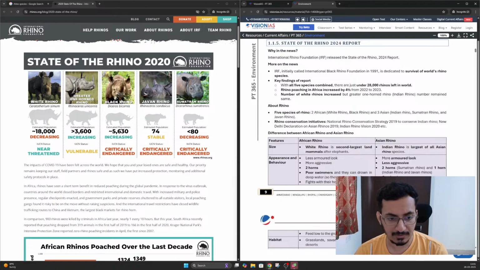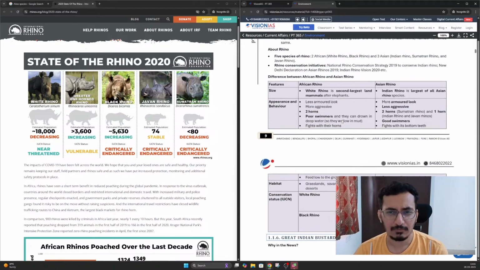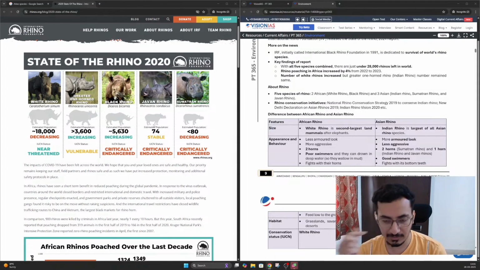If you look at the distribution of rhinos in India, basically in India, rhinos are found all over northern India, but now they are just found in the eastern states. That is, Assam is the major state. There are several wildlife sanctuaries where rhinos are now present, but there was a time when the entire North India was covered as a habitat of rhino.